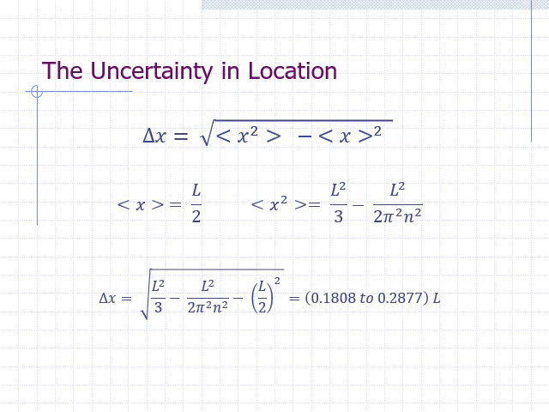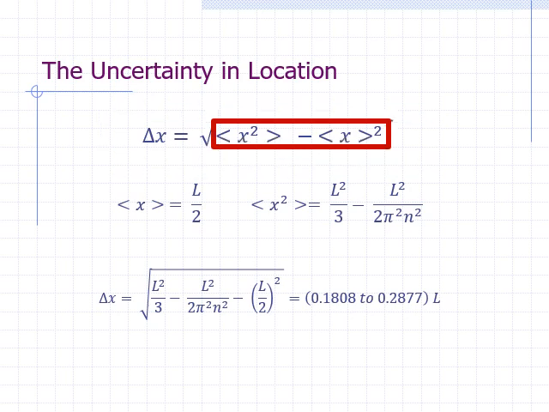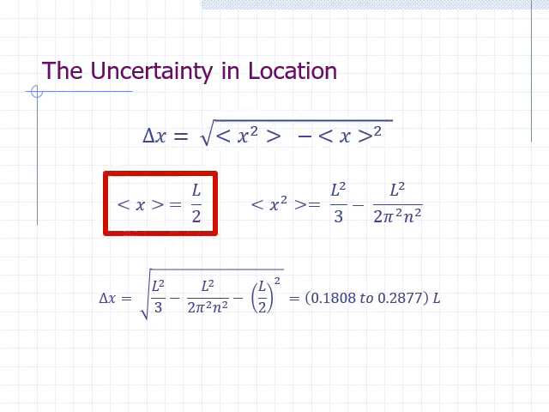How do we calculate the uncertainty in the location of the particle? Recall that the uncertainty expressed as standard deviation is just the square root of the variance. The variance is the difference between the expectation value of x squared and the square of the expectation value of x. Earlier, we found the expectation value of x to be L over 2.